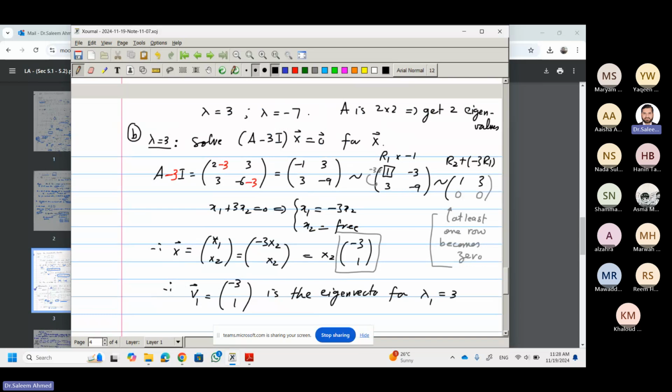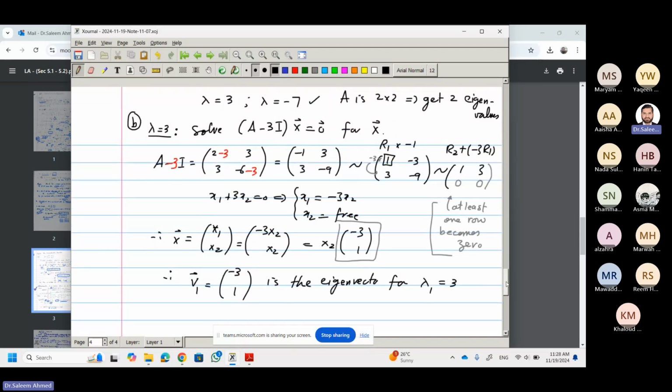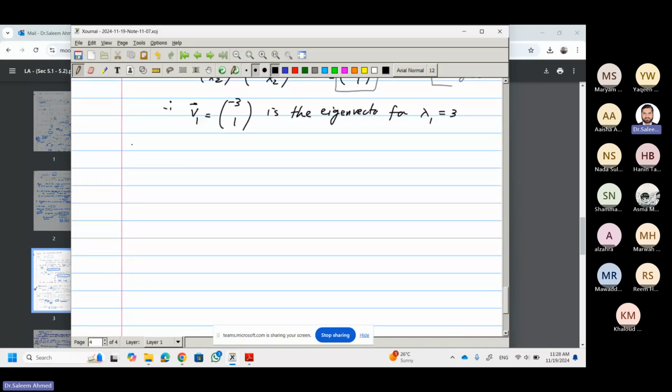But I have the second one as well, lambda equal to minus 7. So now I consider lambda equal to minus 7. For lambda minus 7, I will solve (A minus minus 7I)x equal to 0 for a new x. This is a new x now, not the old one, or you can write y if you want.